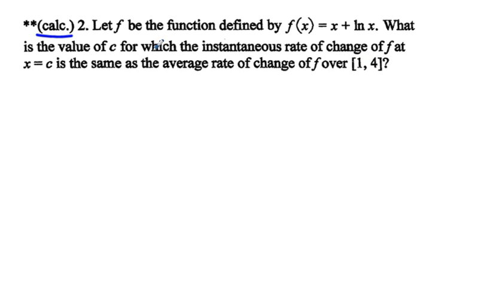So we're going about the same process that we did on our last problem, except we're going to be able to take advantage of a calculator. So the process is that the average rate of change is going to be equal to f of b minus f of a over b minus a.